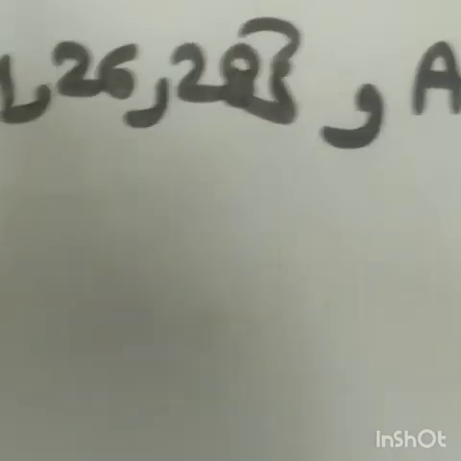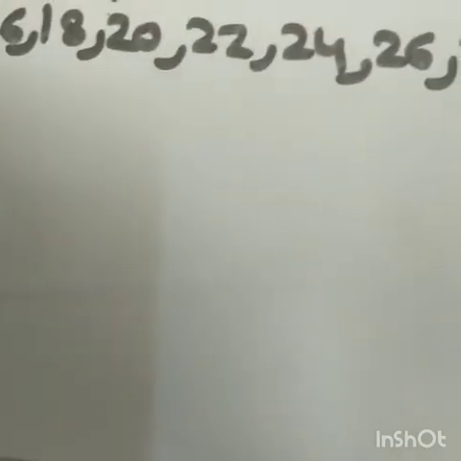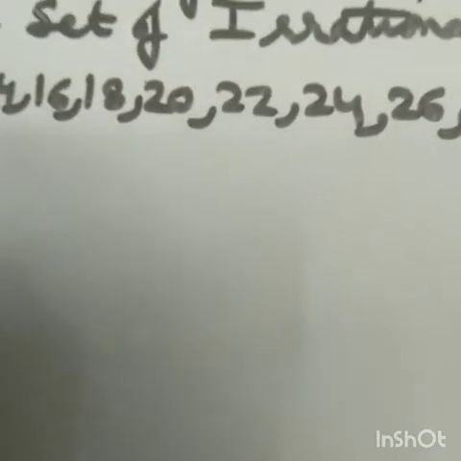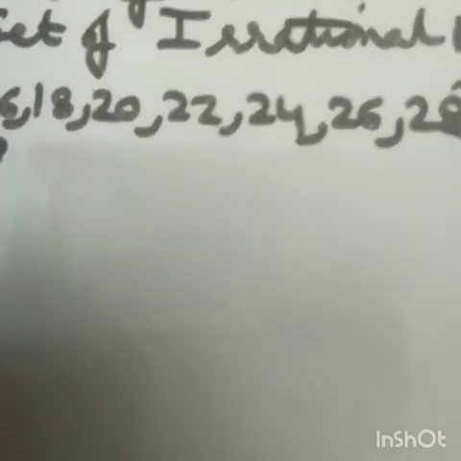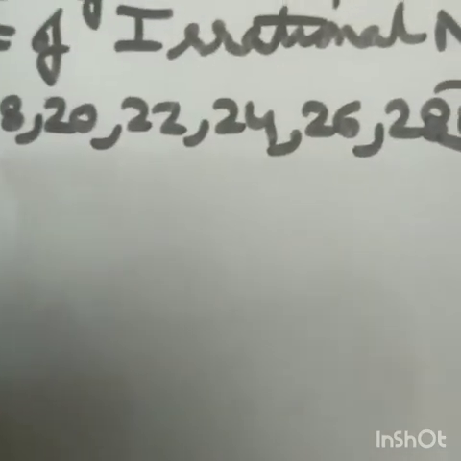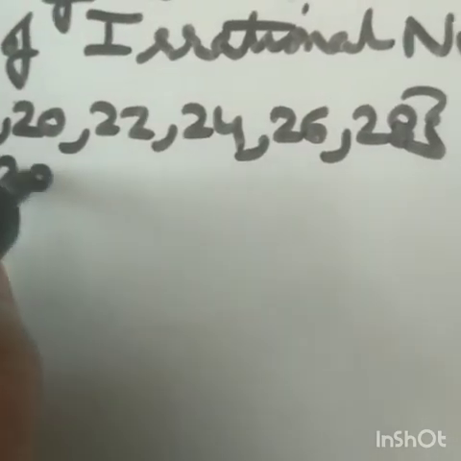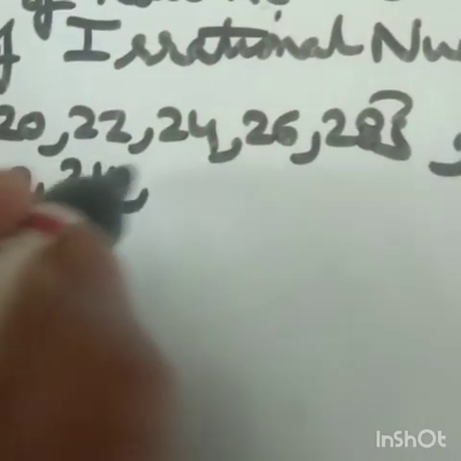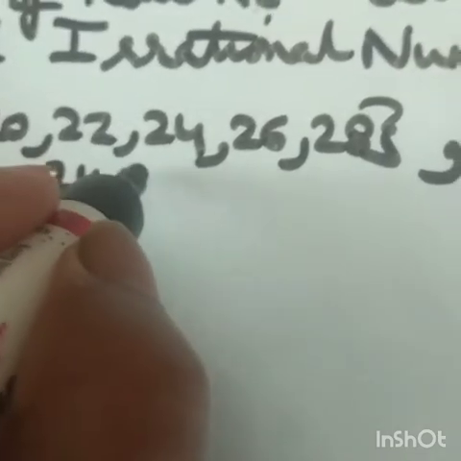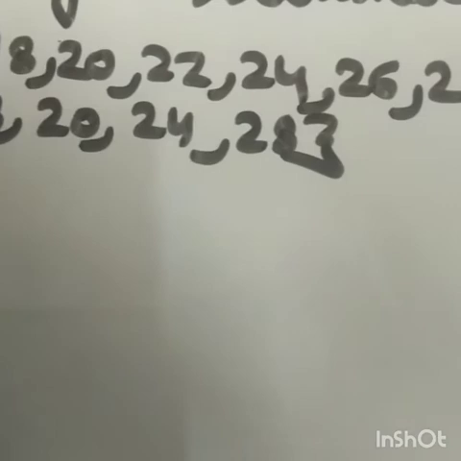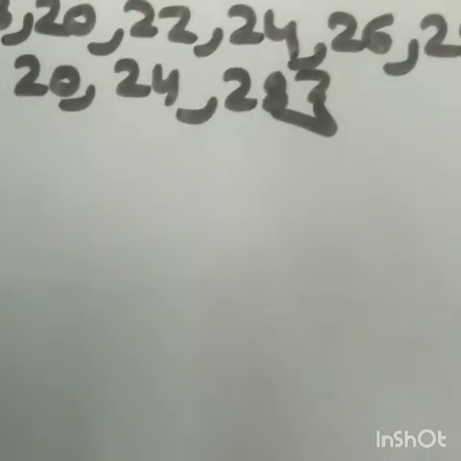You have B set. B is equal to 14, 16, 18, 20, 24, and 28. Now you have to verify left hand side equals right hand side.